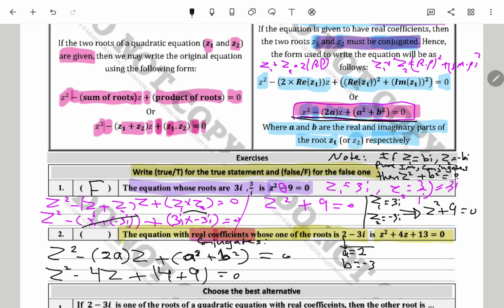So the equation, after simplifying your work, is z squared minus 4z plus 13 equals 0, which is different in sign by the middle term, negative here and positive there, and that will make it false again.